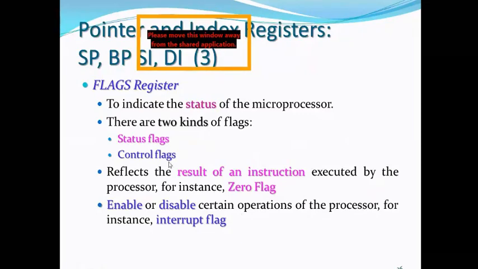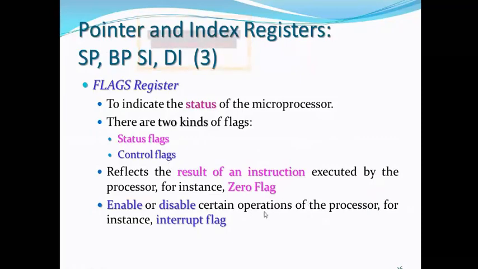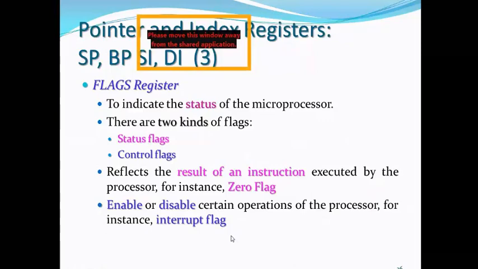That means these control flags are not interfering with all kinds of instructions. Control flags work only for certain operations of the processor. What kind of certain operation? An example can be the interrupt flag.